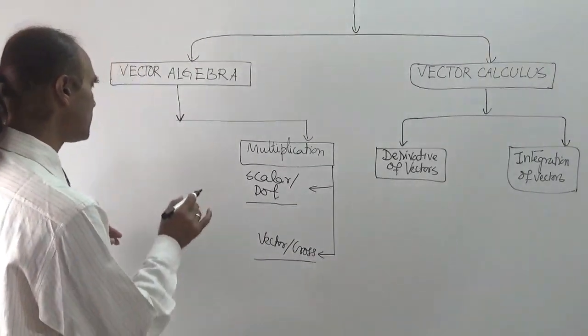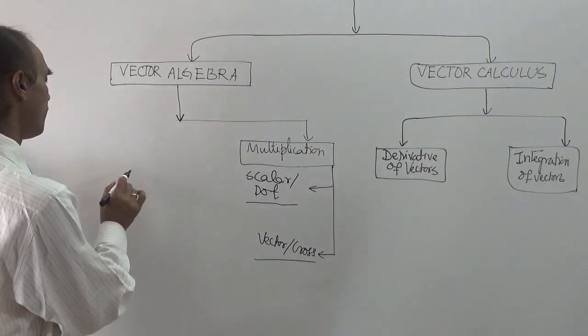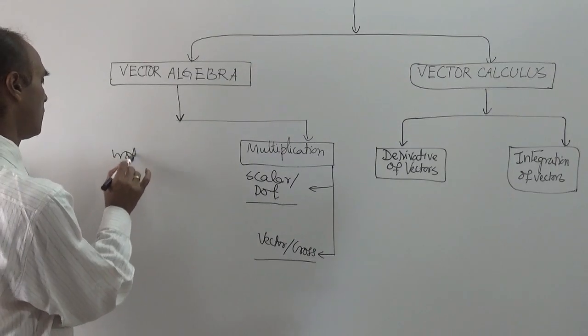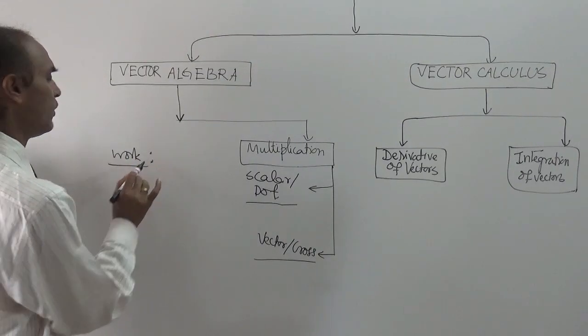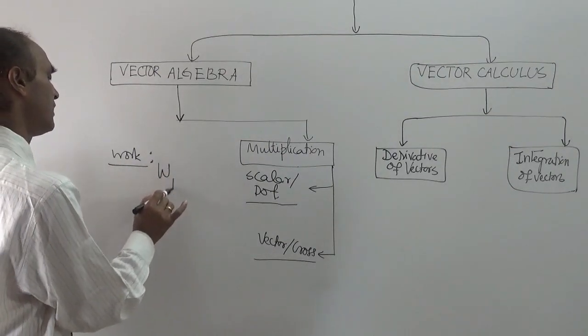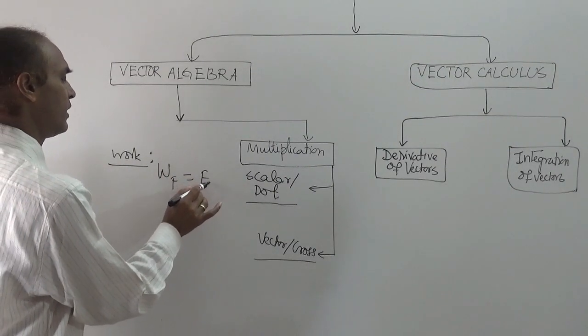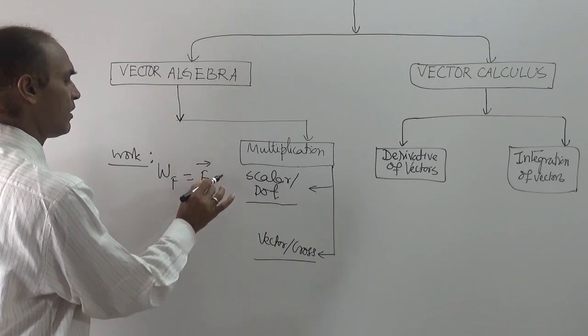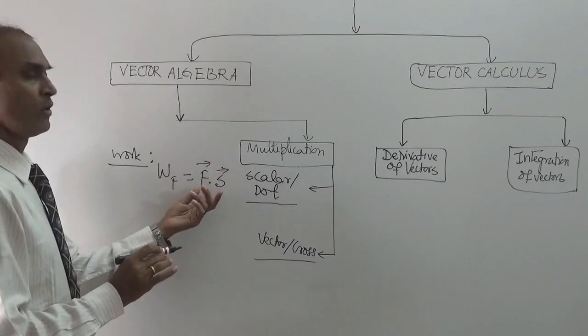In scalar multiplication, we have the example of work. In physics, we will define the work done by a force as the dot product of 2 vectors.